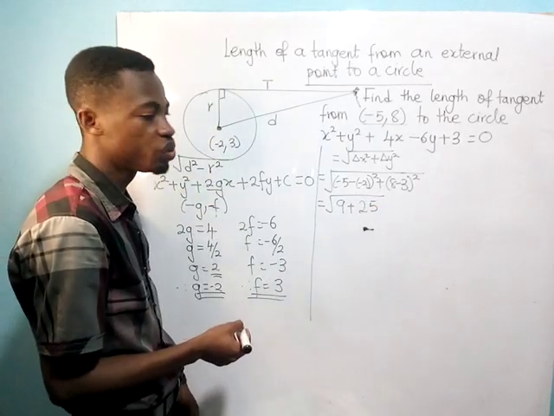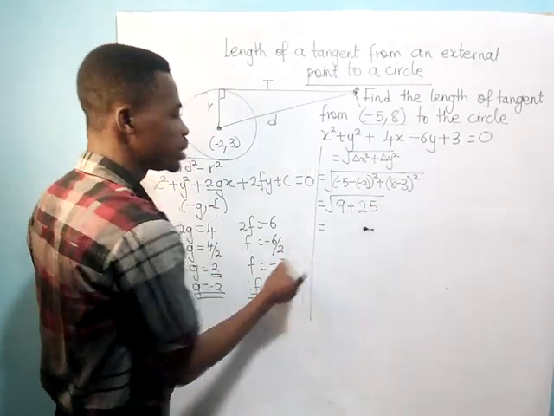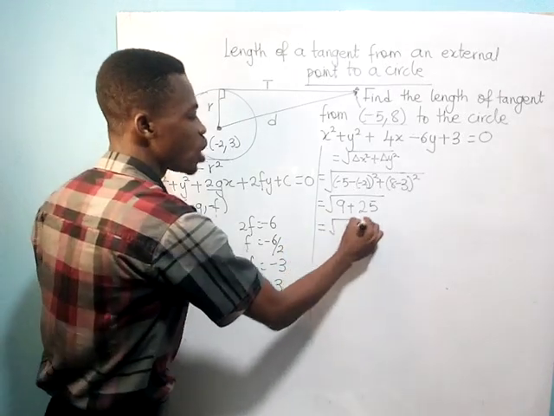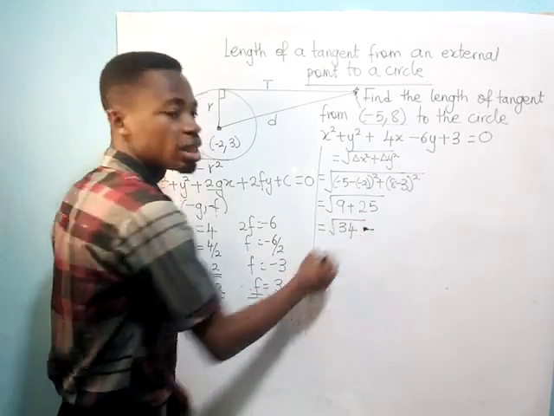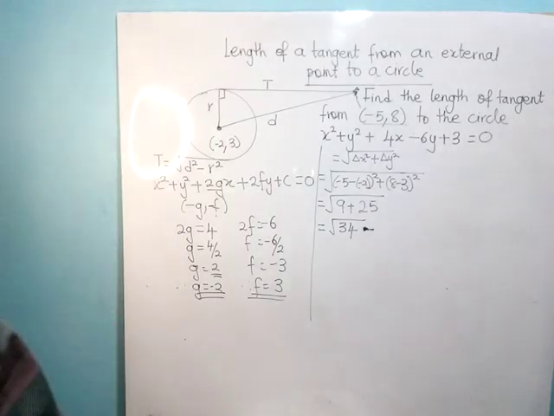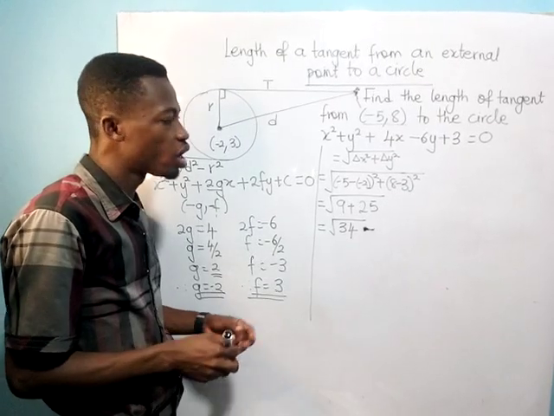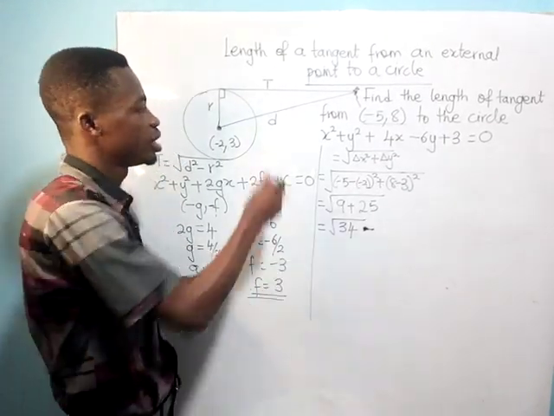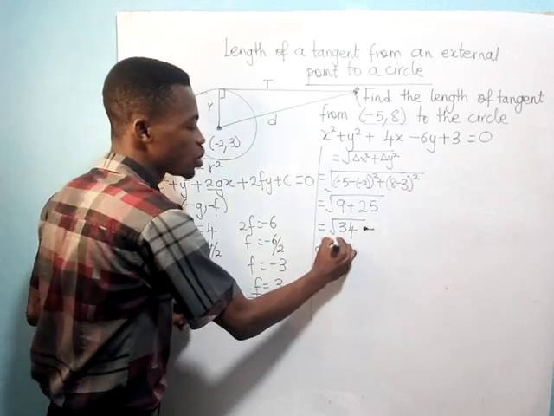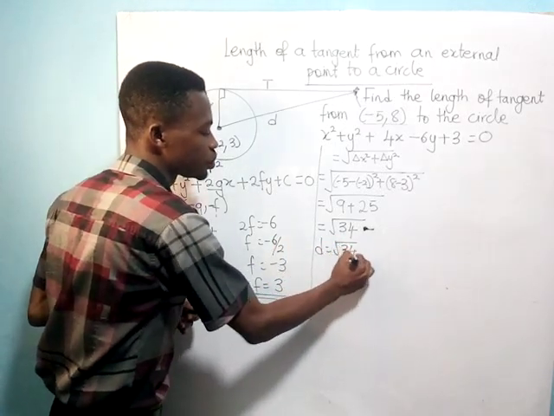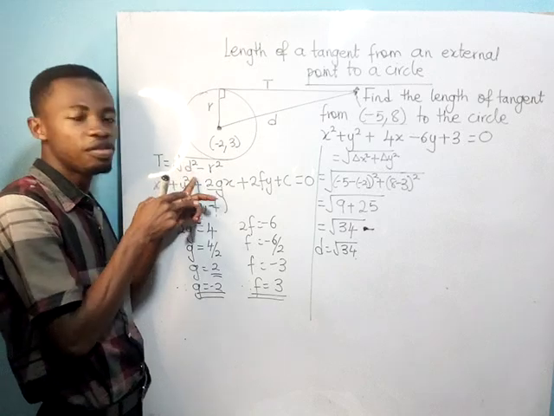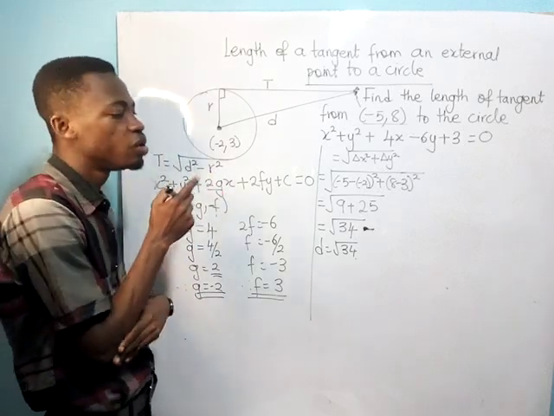I believe we are good with this. Now we obtain the square root of 34. So now we have our D, which is equal to the square root of 34. We obtain one of the values. We are left with R.